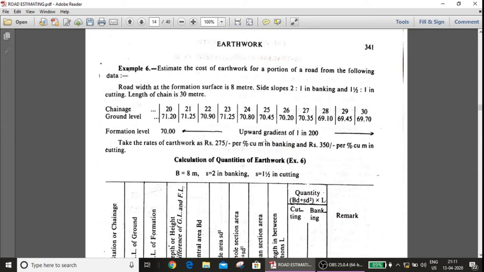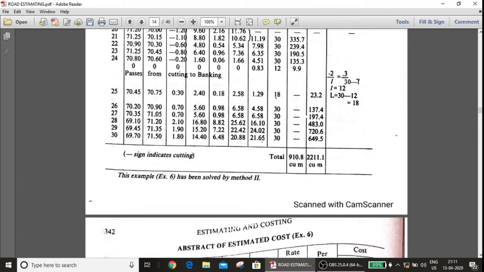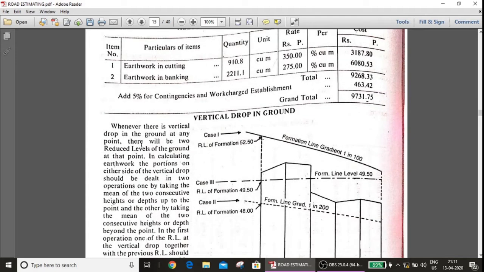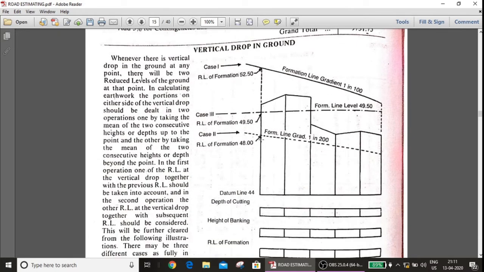Now we'll go for another concept called vertical drop in ground. While surveying for a road, in some cases we experience a sudden drop in the ground. In the survey line where we are surveying, we will get a sudden drop like this.